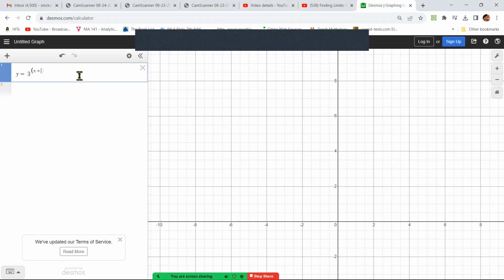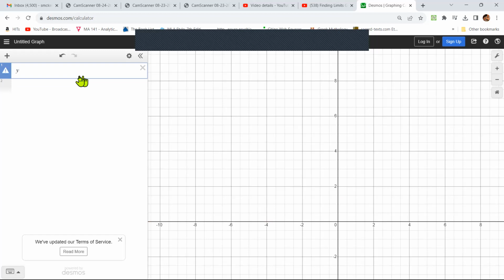I'm going to use the strategy of plotting points so you can see this. I'm going to write this as two parts.